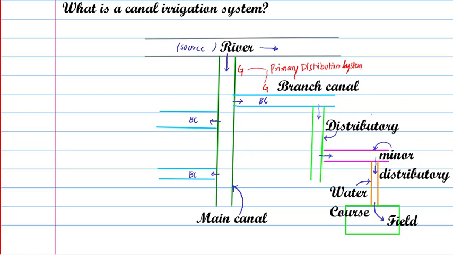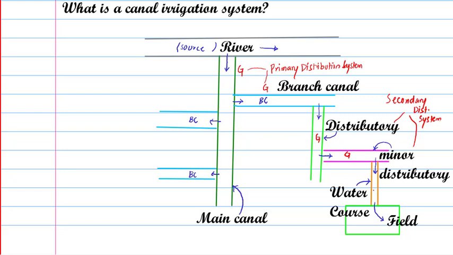Right? And the distributary canal and minor distributary canal are also controlled by the government, and they fall in the category of the secondary distribution system, right?